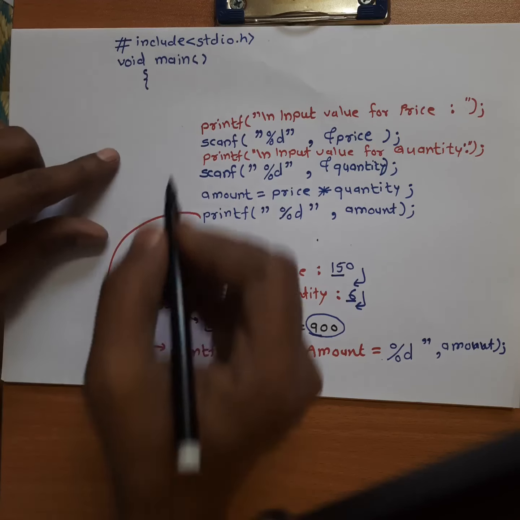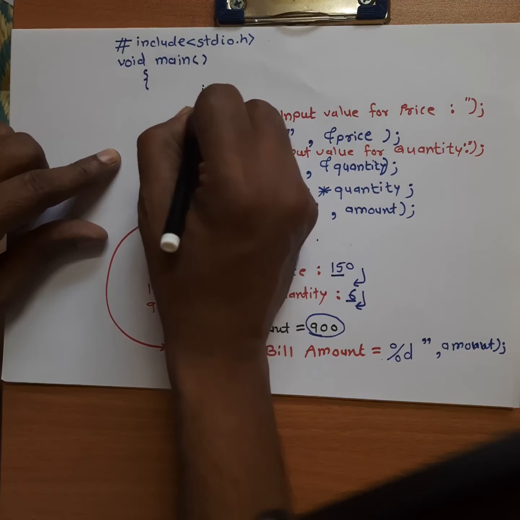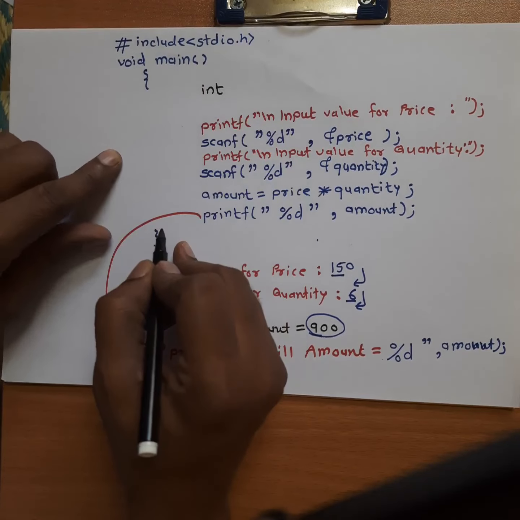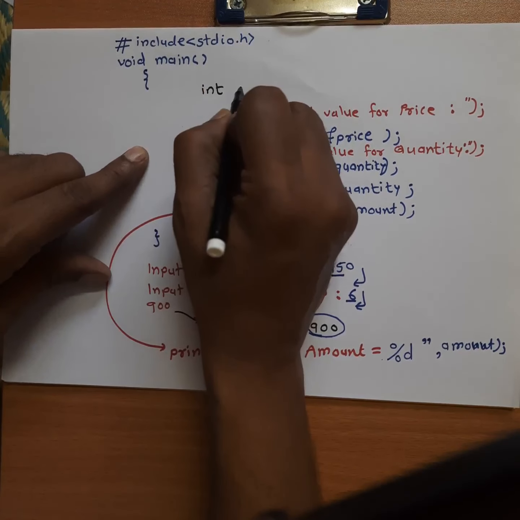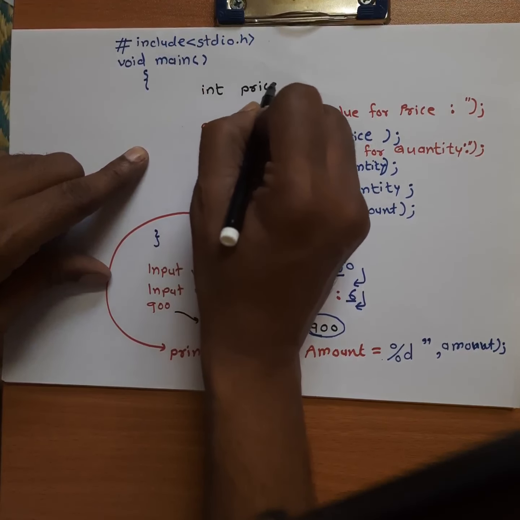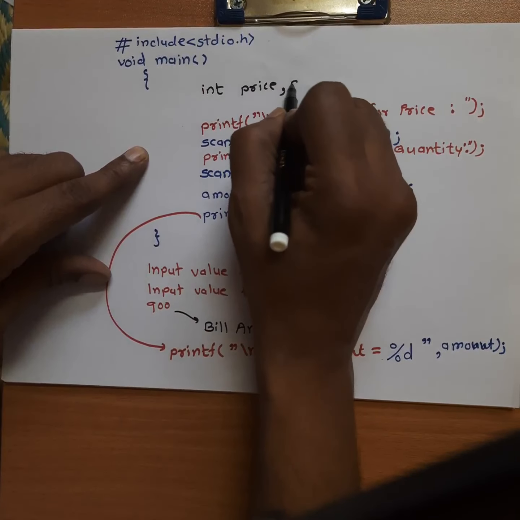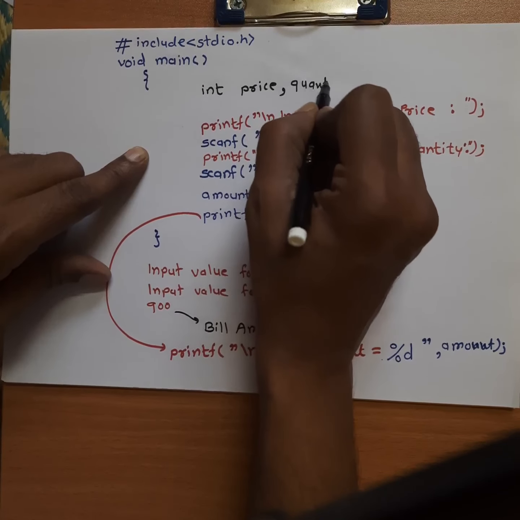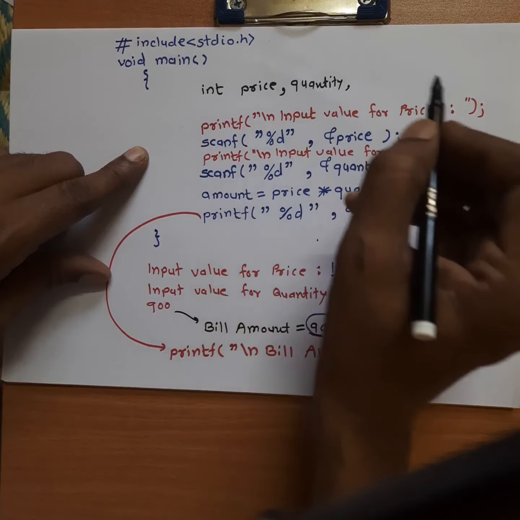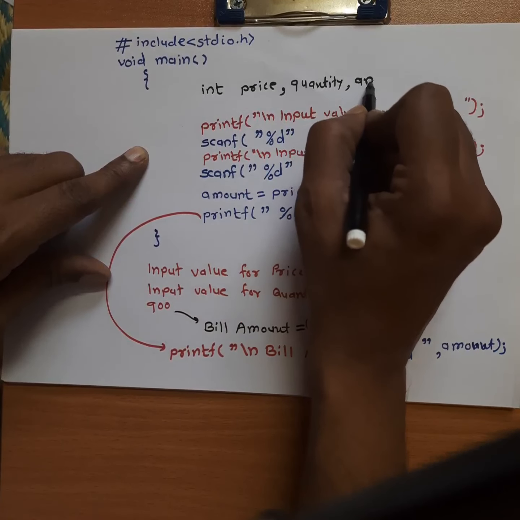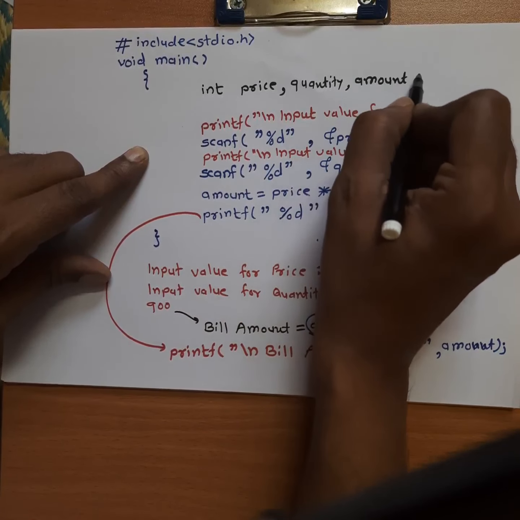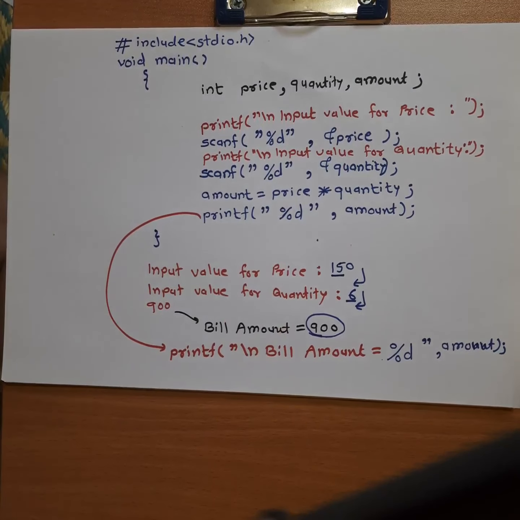And to declare these variables, we can use a declaration statement like int price, comma, quantity, comma, amount, semicolon.